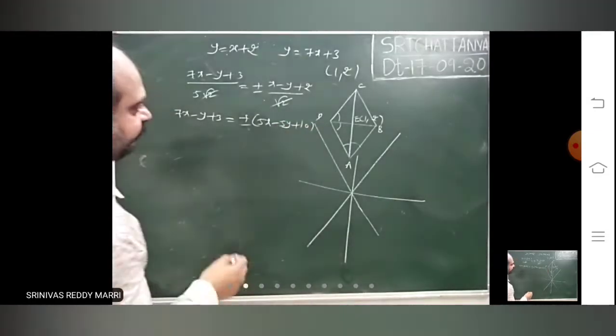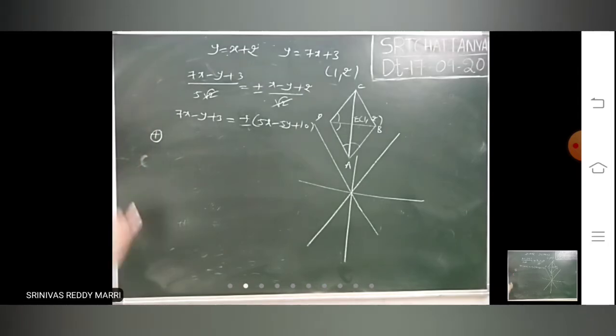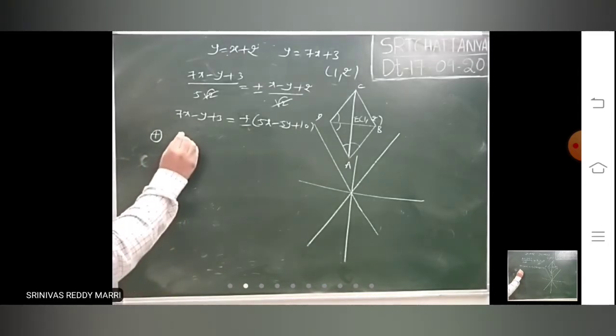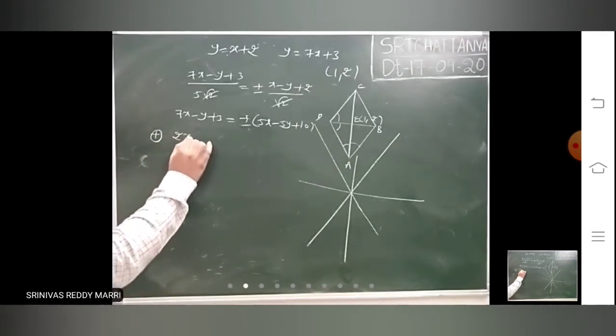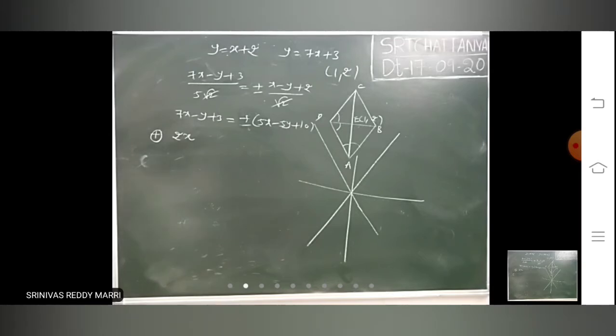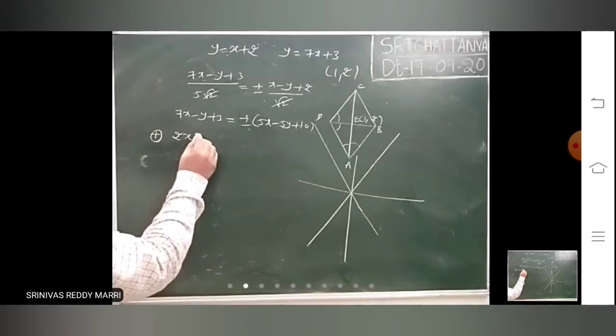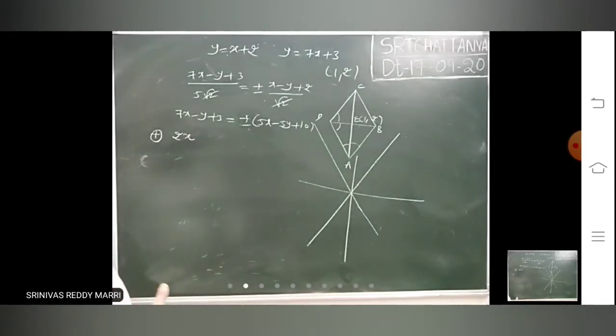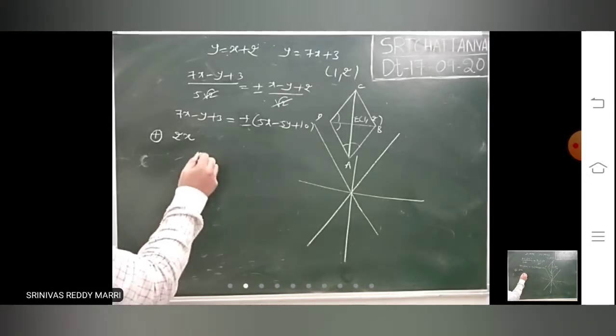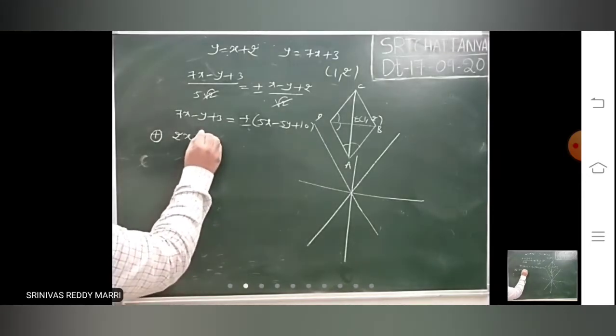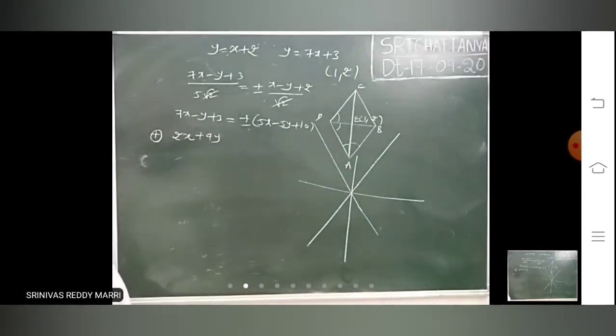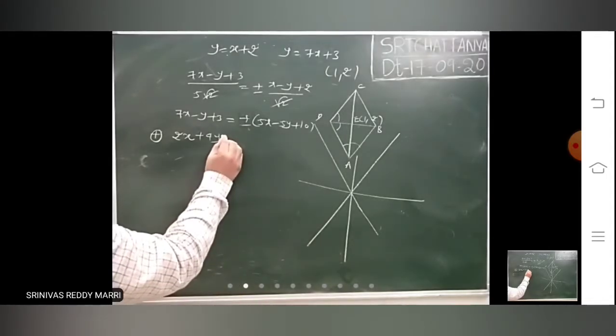Five x minus 5y plus 10. If you take plus, you will get 2x minus y plus 5y, 4y, 3 minus 10.